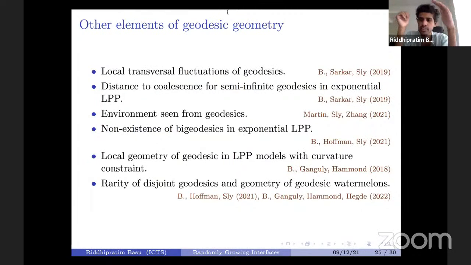Because it's a random environment, all the geodesics will tend to pick good locations to pass through, so you actually expect most of the geodesics to merge with one another. One can make quantitative estimates saying how rare it is to see a lot of disjoint geodesics in an area. So there are a number of such results about the geometry of the geodesics that you can obtain.